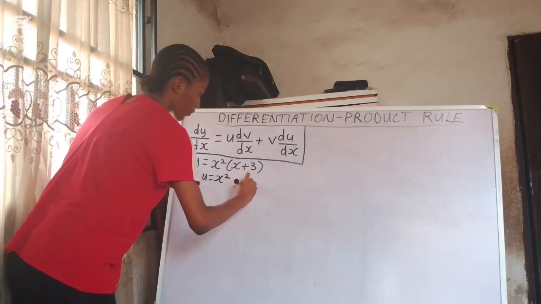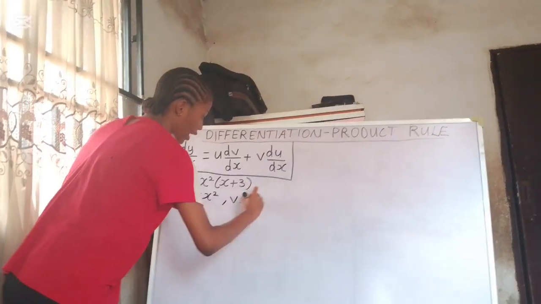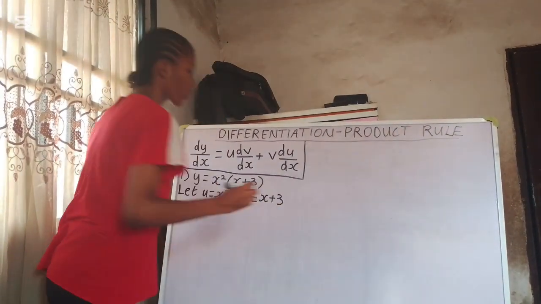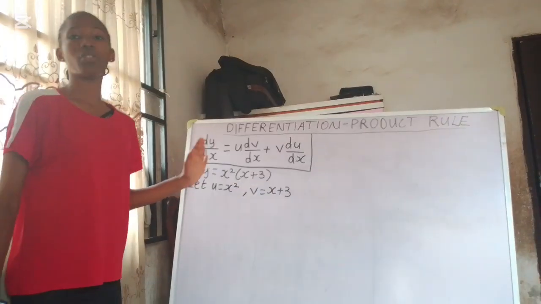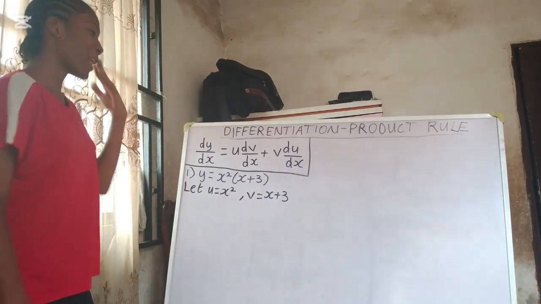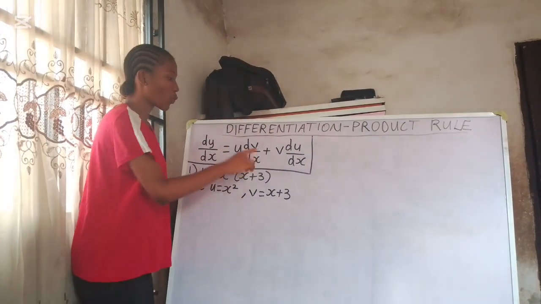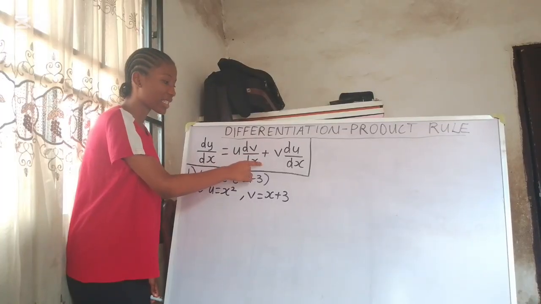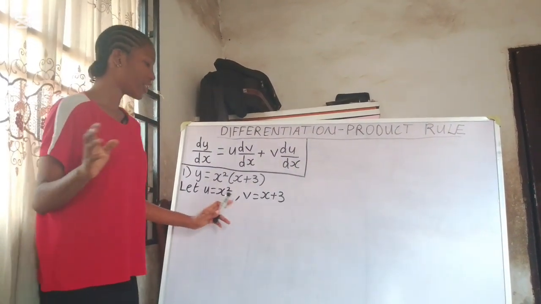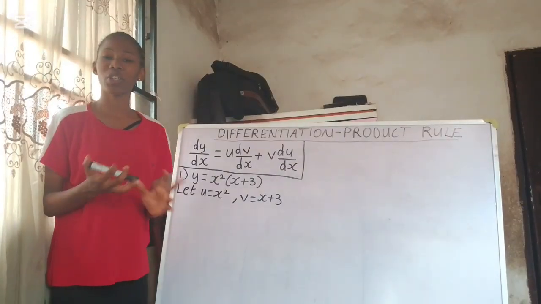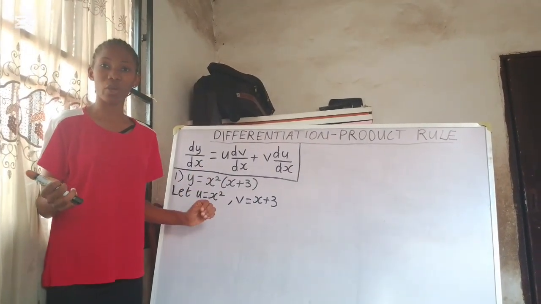Then our v be the second function, x plus 3. We are going to make use of the product rule because it involves multiplication of the two functions. Now, from our formula, we need dv by dx and du by dx. This means that the u and v that you've named, we are going to differentiate them with respect to x.